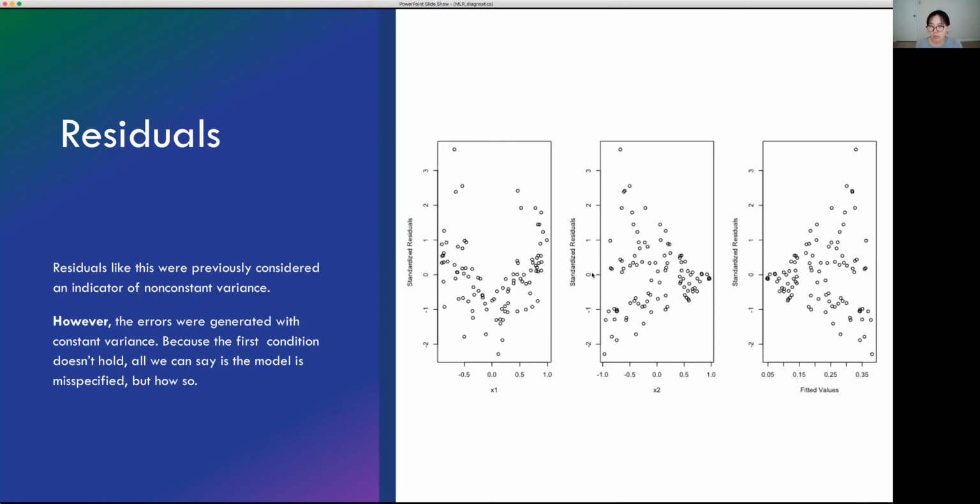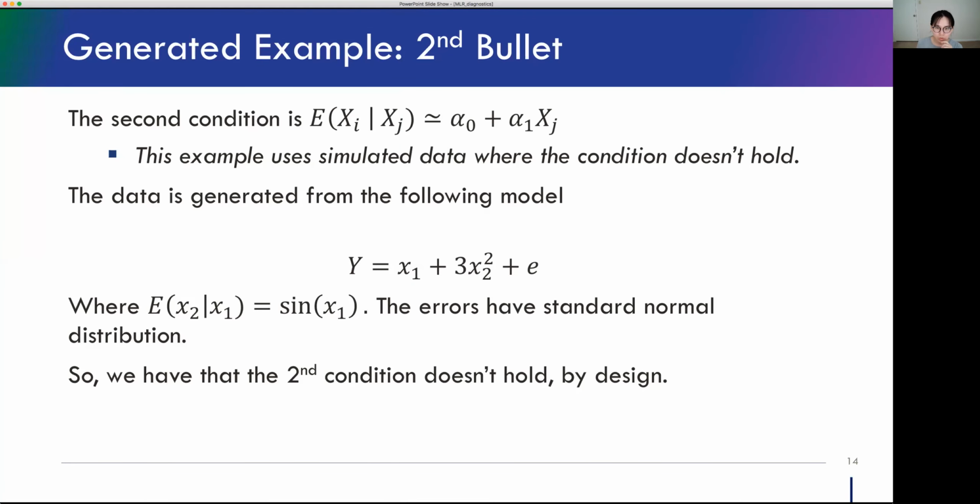So in multiple linear regression, you cannot directly use the same thing that we used for simple linear regression, because we have those two conditions that have to be met. The second condition is that the expectation of xi given xj is a linear function of this xj.